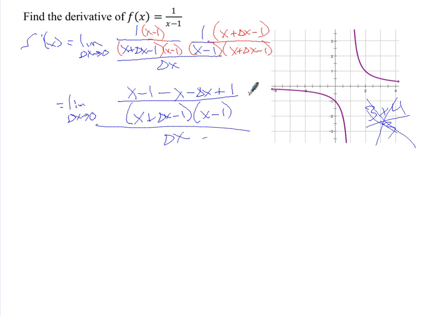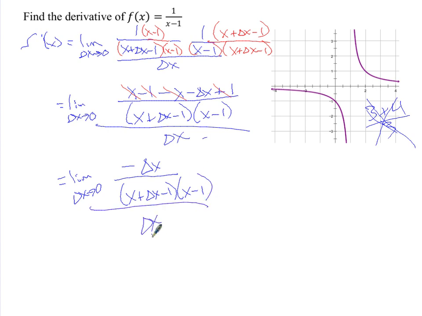Simplify the numerator. What do we get? The x and the negative x are gone. The negative 1 and the 1 are gone. So you're left with that negative delta x over x plus delta x minus 1, x minus 1, all divided by delta x.